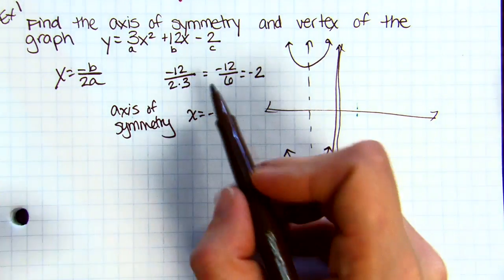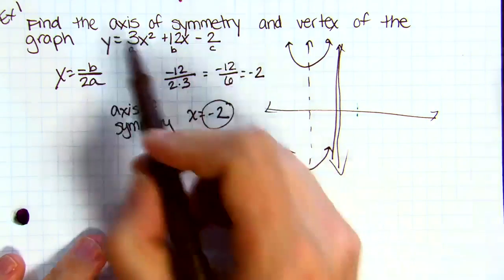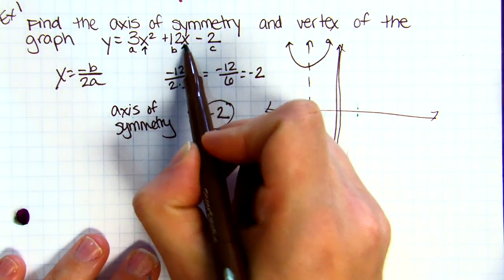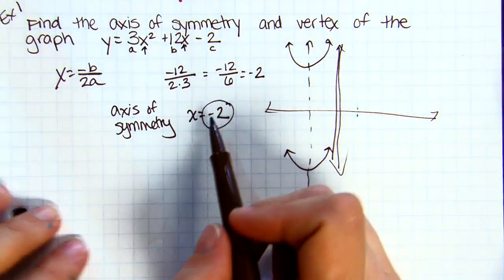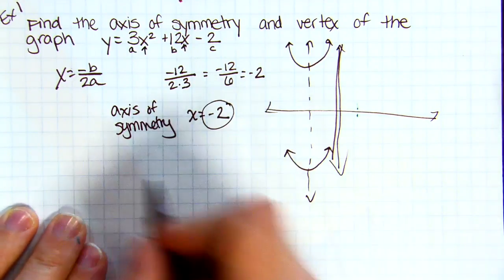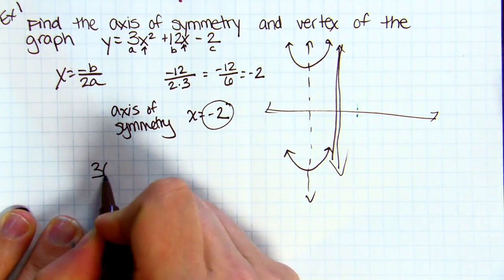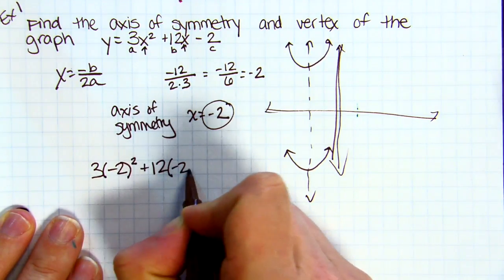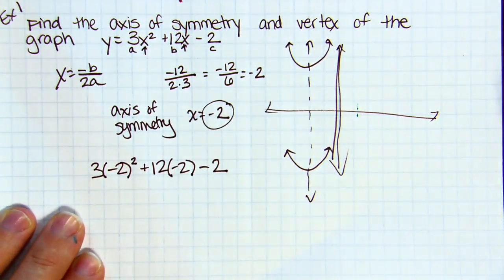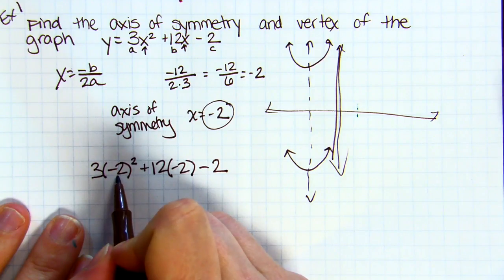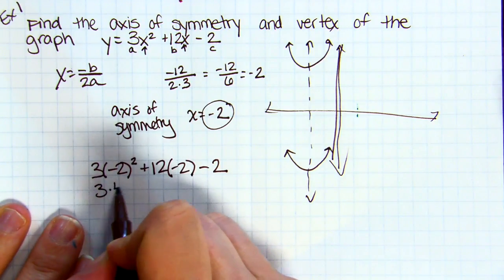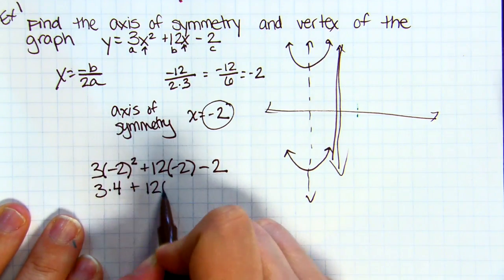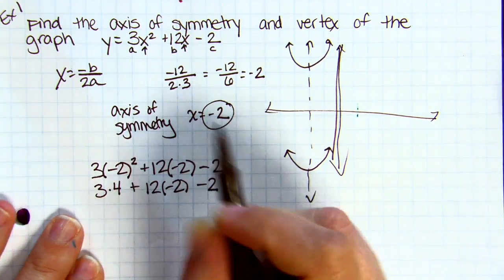So what I'm going to do is take this value for x and substitute it into my equation to find out what the y value is that corresponds. So I'll do 3 times negative 2 squared plus 12 times negative 2 minus 2. Negative 2 squared is 4, so 3 times 4 plus 12 times negative 2 minus 2.